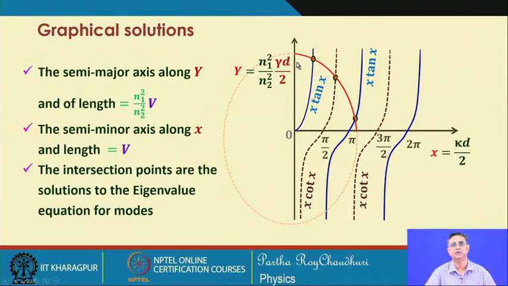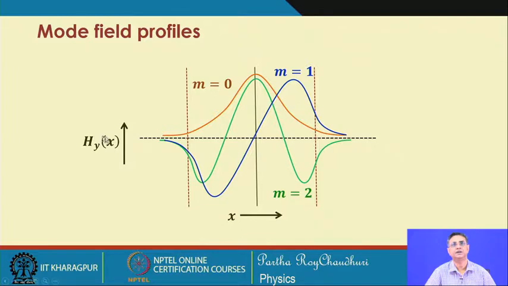And now that you have these solution points, which is the case of TM mode, the intersection points are the solutions of this. In this case, you will get these guided modes. For m equal to 0, this is the fundamental mode.